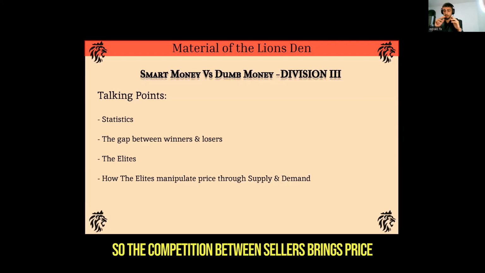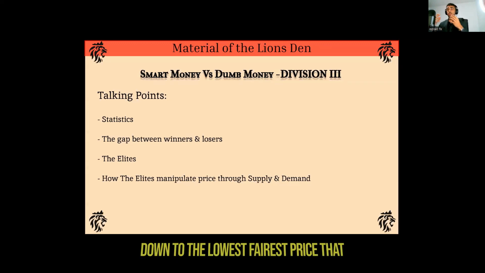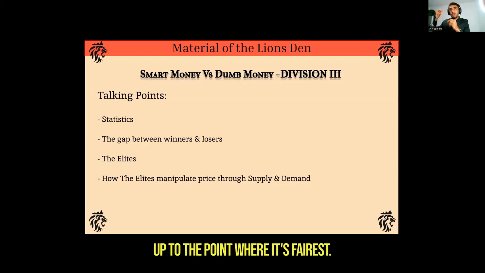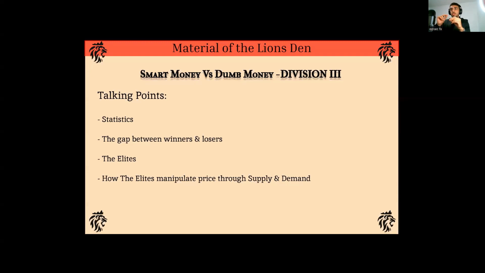So the competition between sellers brings price down to the lowest, fairest price that the sellers can offer to the buyers. Now, the competition between buyers brings price up to the point where it's fair.